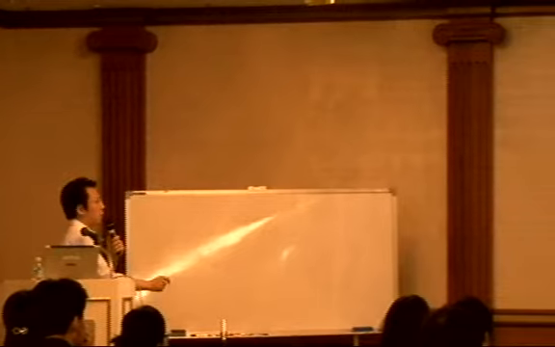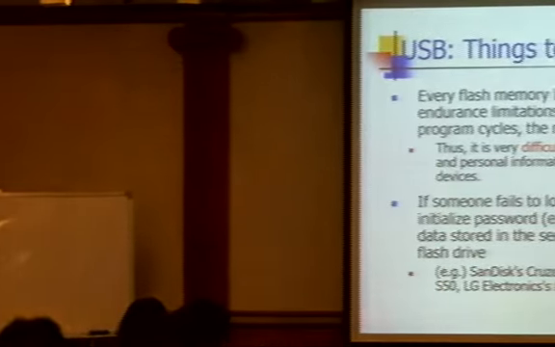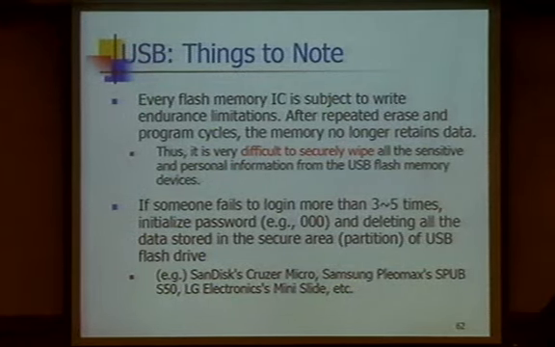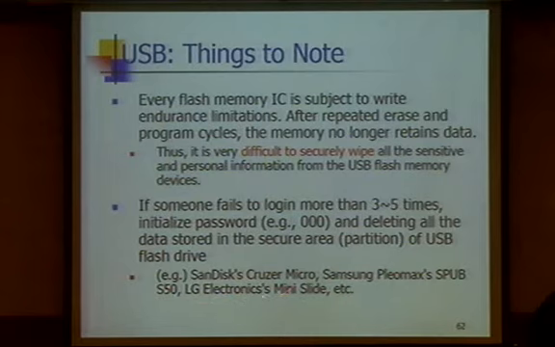And the second thing is that if someone fails to log in more than 3 to 5 times, these secure USB flash memories usually initialize the password, for example to 000, and delete all the data stored in the USB memories. SanDisk, Cryptology Micro, Samsung, and LG Electronics' USB mini slide use these approaches.